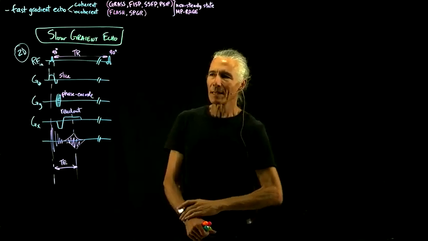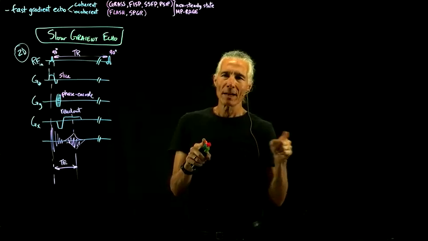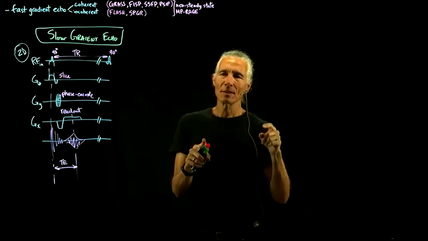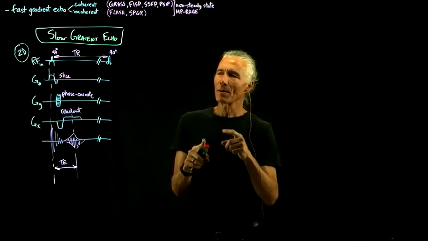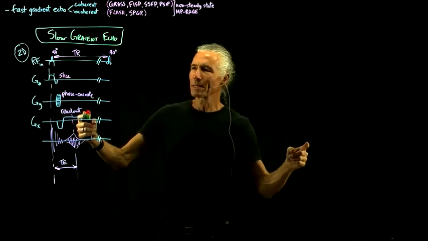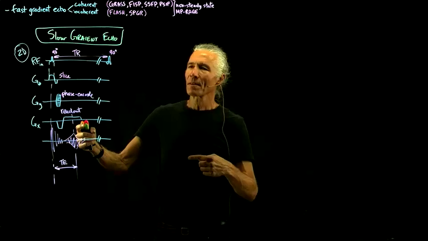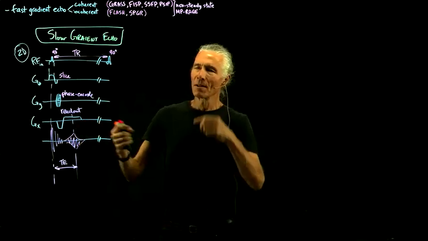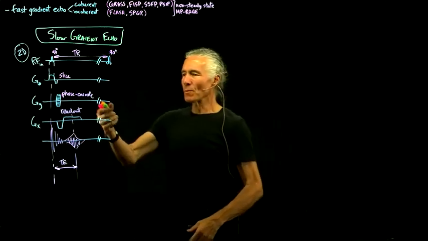Because we already said you could do something like this. You could make a train of gradient echoes if you reverse the gradient: go positive for a while and you go over to the right side of k-space, and then if you go negative for a while, you come back across k-space and make another echo. So why not do something like that, but do it with all the parts of it?